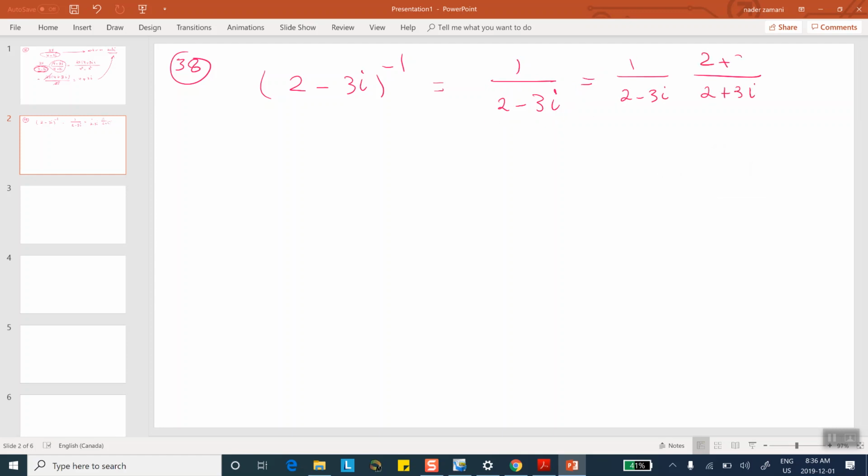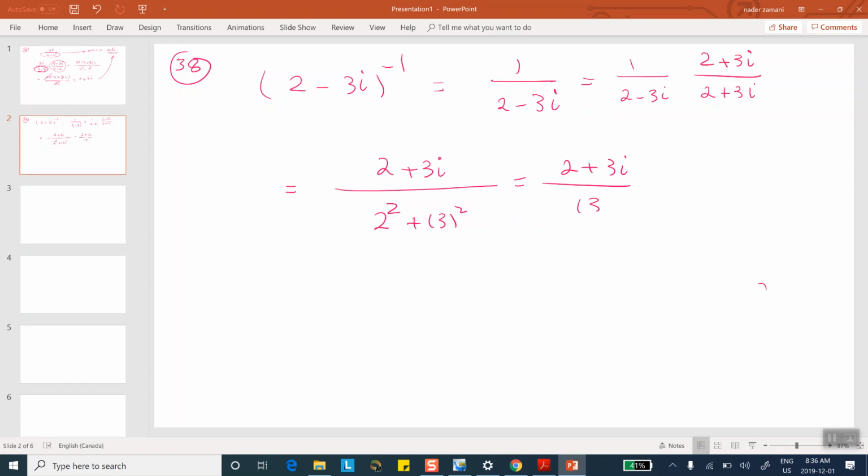That does not make a difference because this whole thing is a 1. And we know that because of what we did in class, the top is going to be 2 plus 3i because it's 1 times that. And the bottom is going to be 2 squared plus 3 squared, which is 4 plus 9, which is 13.